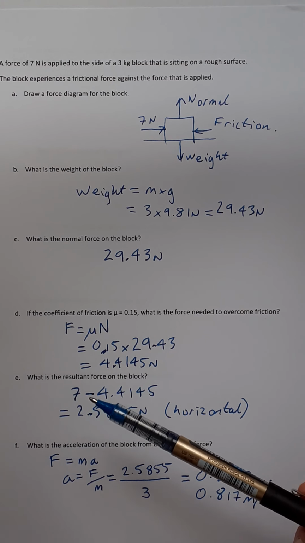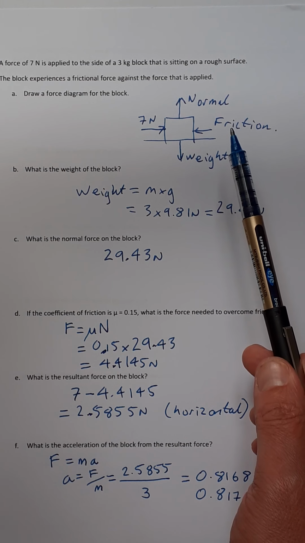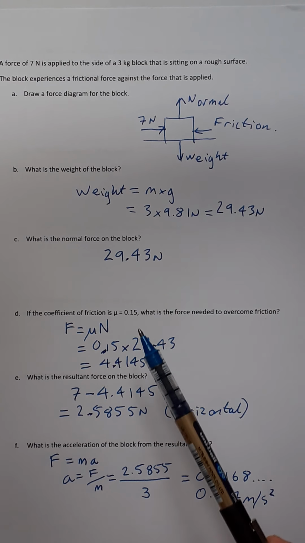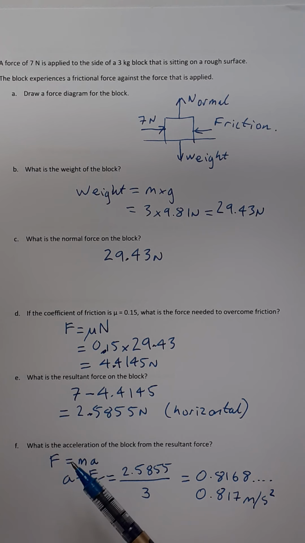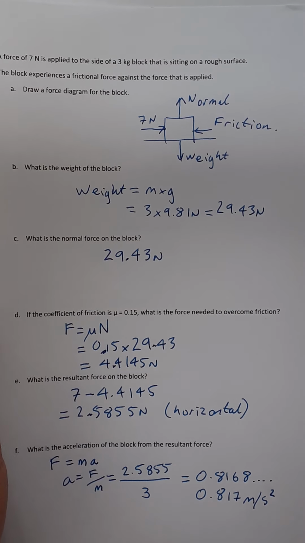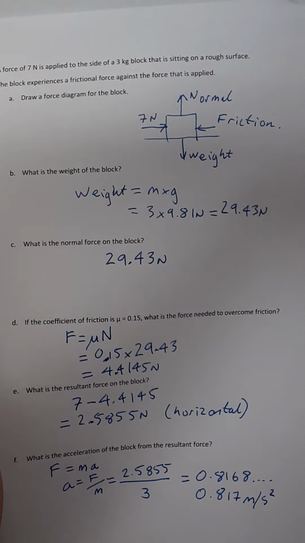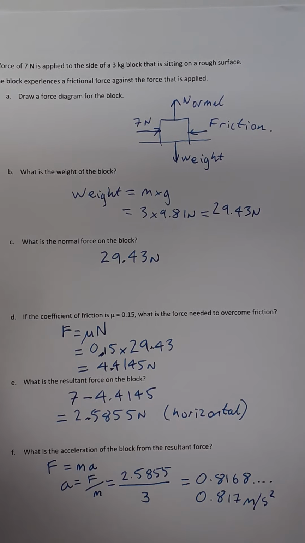The resultant force horizontally, 7 in a positive direction, friction of 4 and a bit in a negative direction. So overall 2 and a bit. And then I've said that's my resultant force, which we can divide by the mass to find the acceleration of the block. Okay, so that's a situation where something's accelerating, where the friction doesn't quite balance out the pushing force. So this object's going to be getting faster and faster.